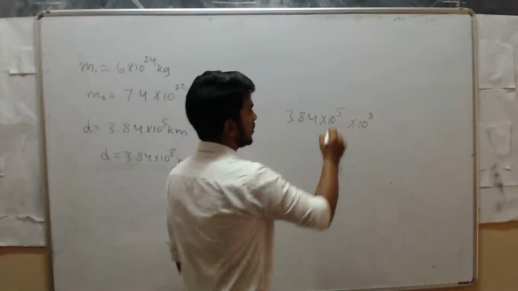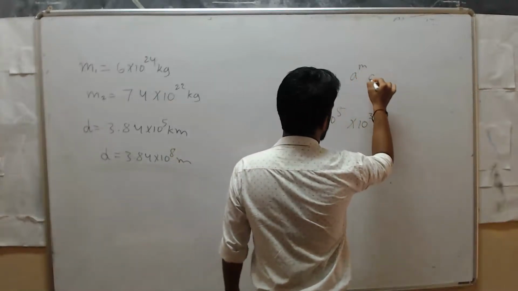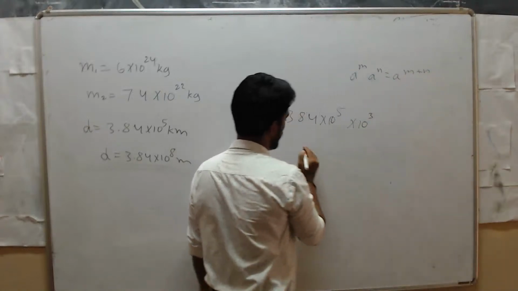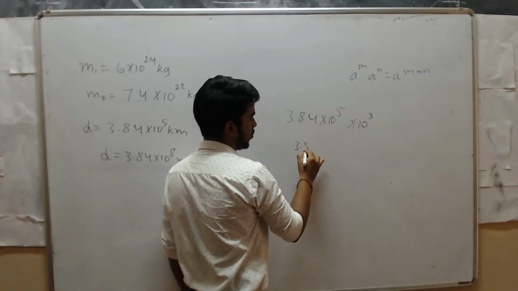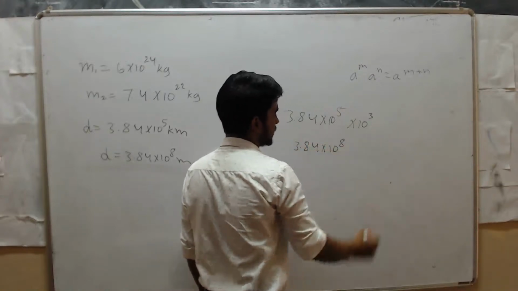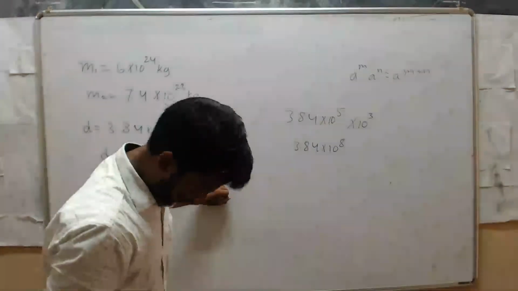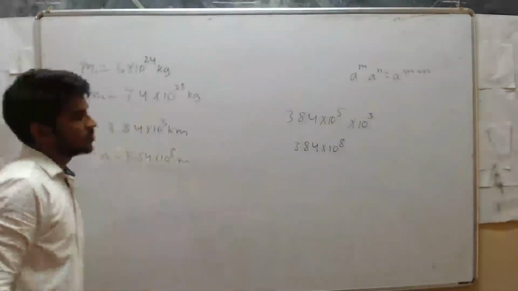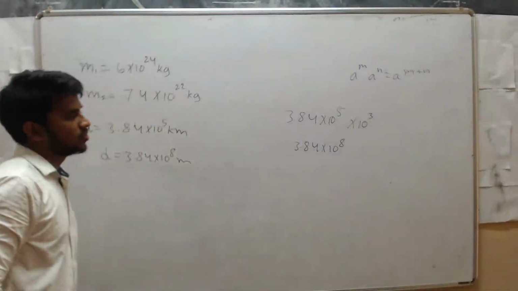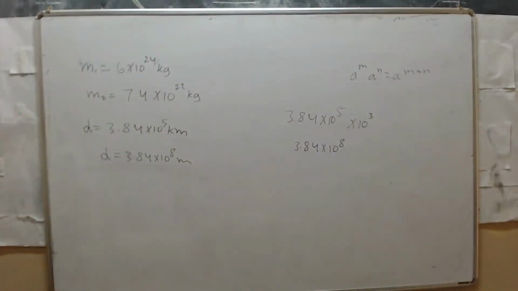You know the formula a to the power m into a to the power n equals a to the power m plus n. So we can write 3.84 into 10 raised to the power 8 meter.